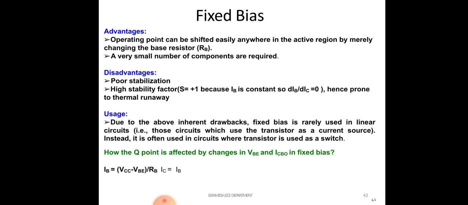When you use fixed bias, the stability factor increases, so stability is not good. Advantage of fixed bias: the operating point can be shifted easily anywhere in the active region by merely changing the base resistor RB, and a very small number of components are required.